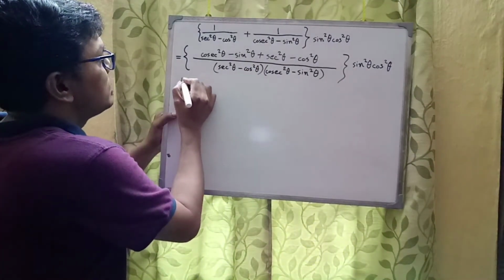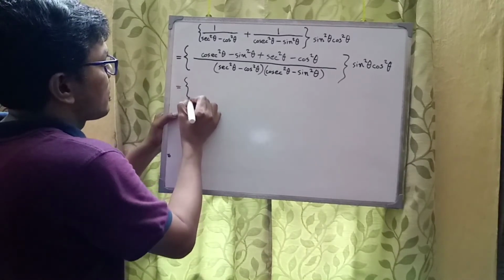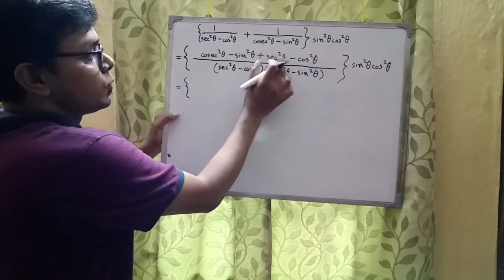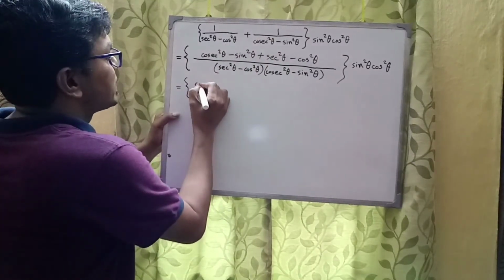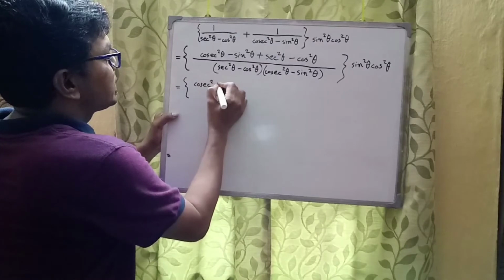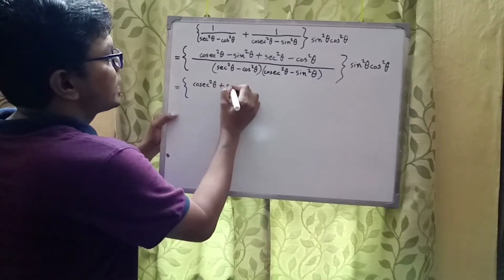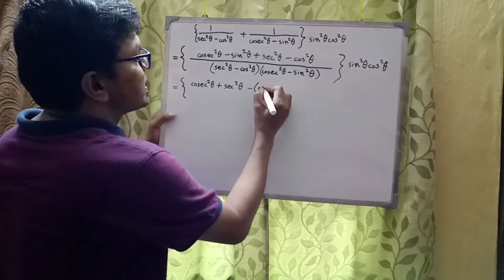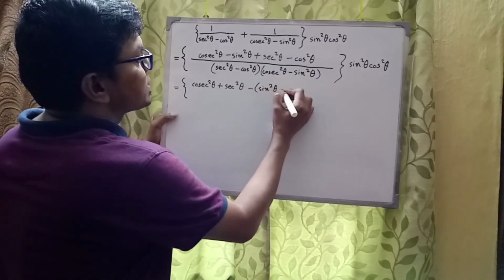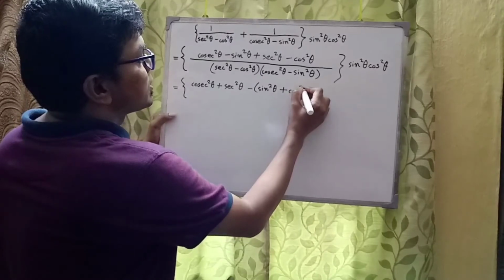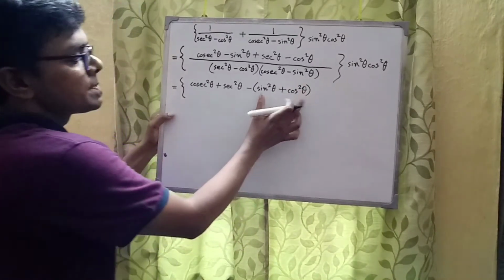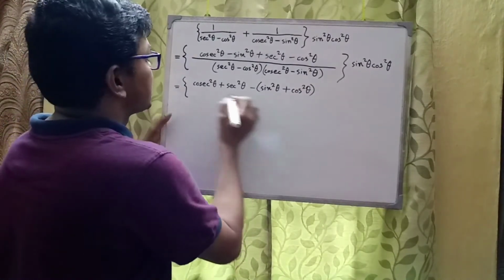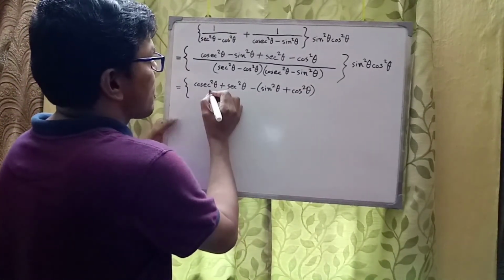So first we write cosec² θ plus sec² θ, we just do the grouping, and here we write minus (sin² θ plus cos² θ). Why did we group this? Because we know that sin² θ plus cos² θ equals 1, so that would be beneficial to us.